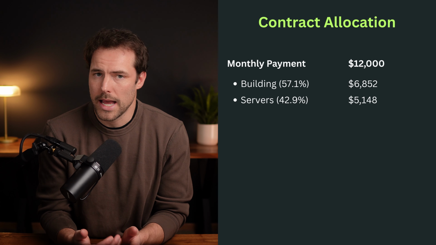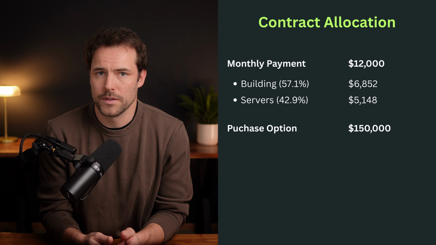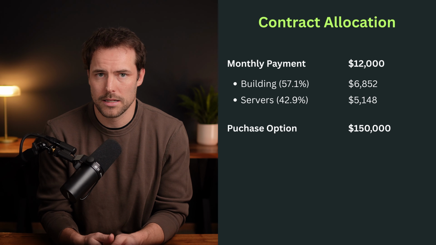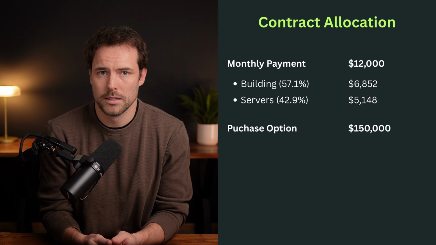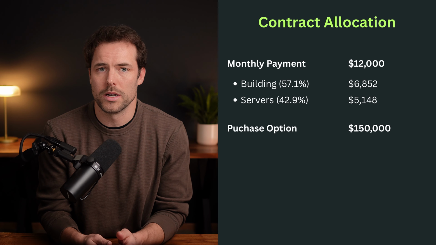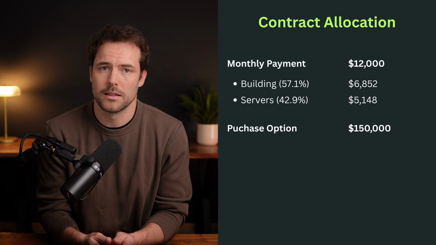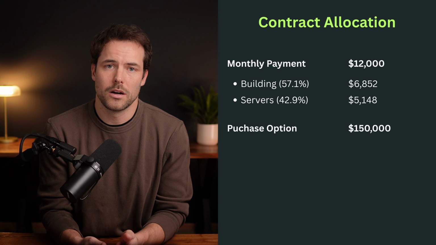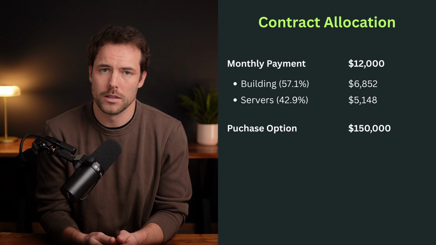And then, perhaps a bit unintuitively, the purchase option of $150,000 will also be allocated based on these same percentages. Even though the option is for the servers only, ASC 842 requires us to allocate all of the consideration in the contract based on the relative standalone prices of the components, regardless of whether contractually the payment is for one component or another.